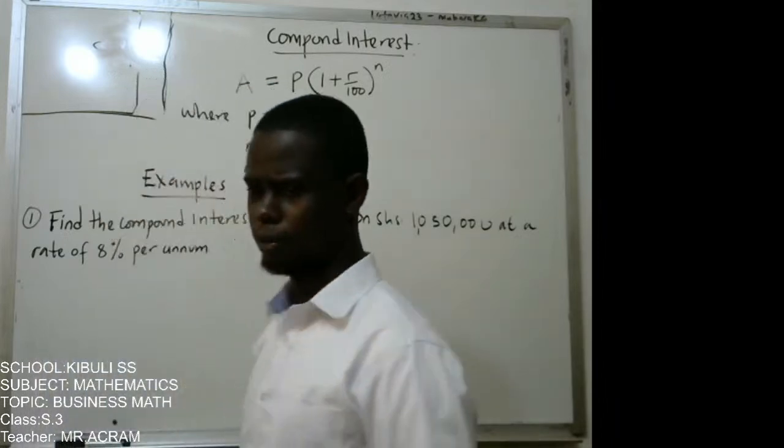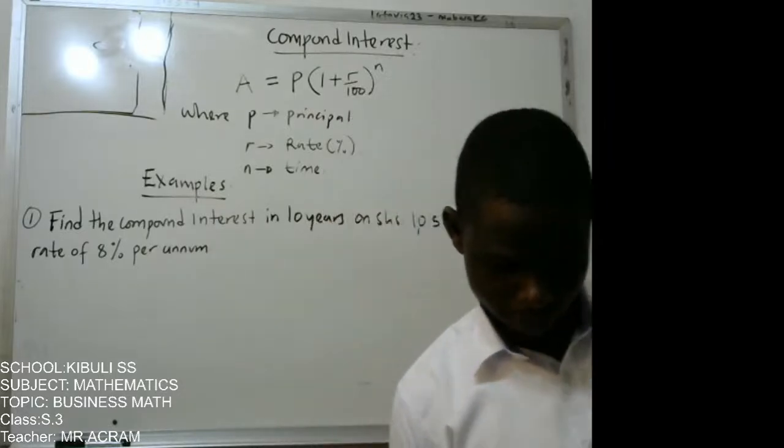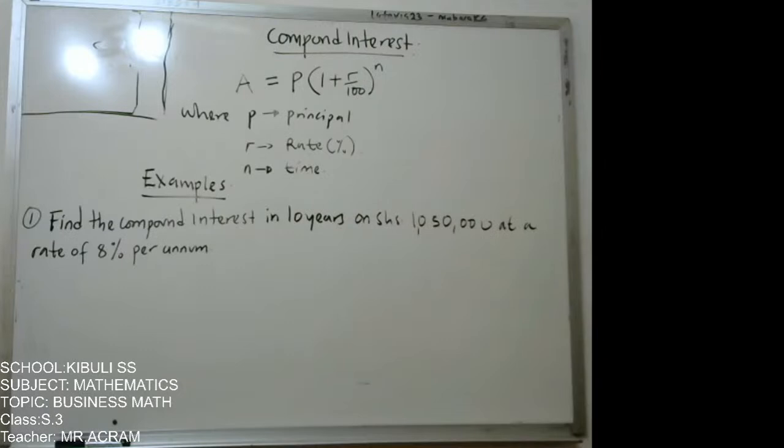Now, when I talk of per annum, what does it mean? Per year, okay? Per annum, full stop. What do they want us to find? Find the compound interest in 10 years on shillings.